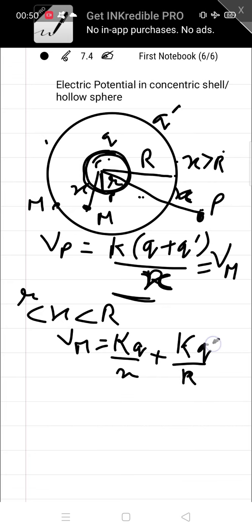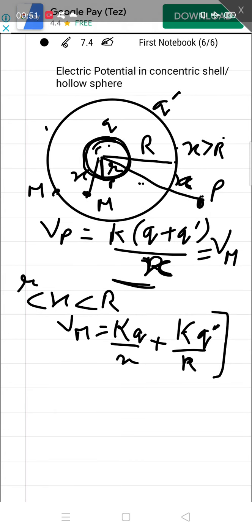Now this second term is important to understand. Why do we have kq dash upon R, which is the potential because of the outer surface? When we studied conductors, we discussed that whenever a charge is produced inside the body of the conductor, it travels to the surface. That is, there is no charge inside the body and all the charge is on the surface of the sphere.